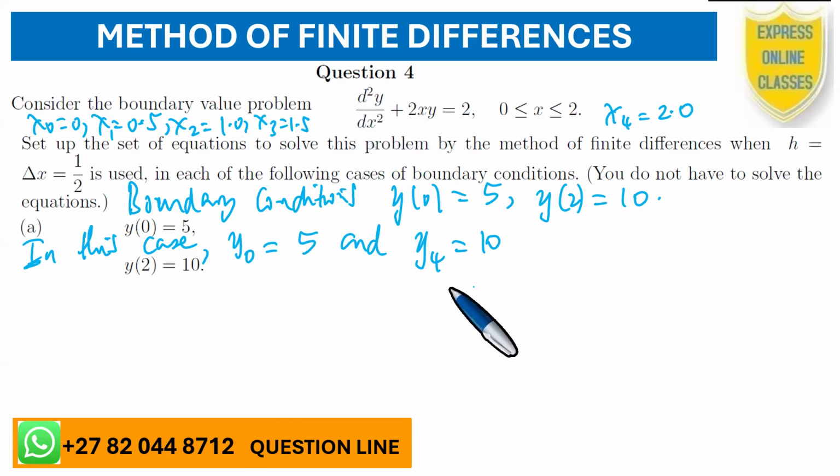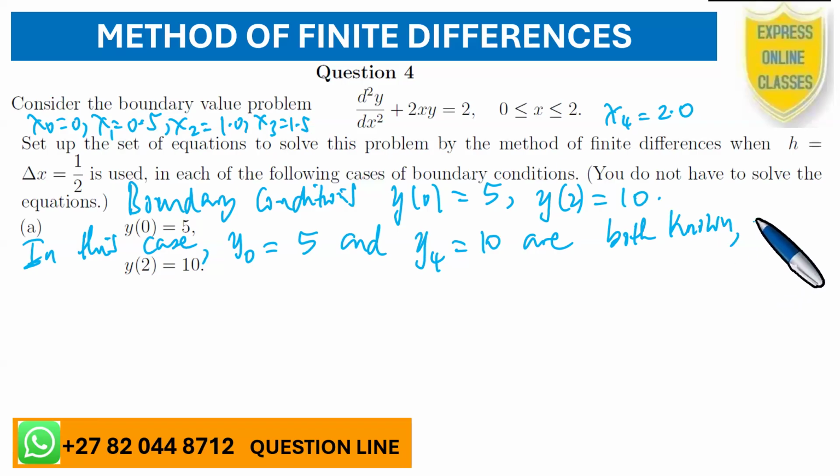Okay, now, if we look at these, we have y4 is 10. We continue with our analysis. Okay, y0 is 5 and y4 is 10, both known. So we know this.